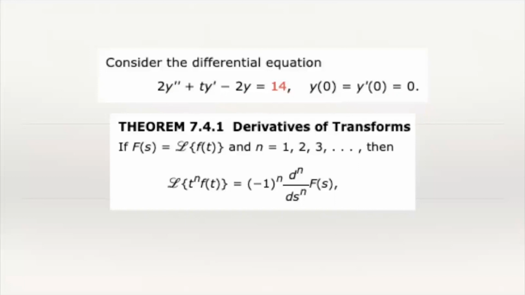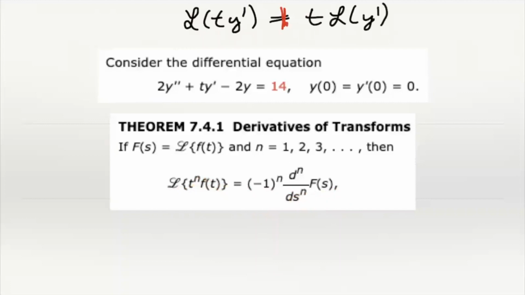And the homework problem gave you this hint. It reminded you that the Laplace transform of t to the n times f of t is this. So when we take the Laplace transform of both sides, first let me say that the Laplace transform of t times y prime is not equal to t times the Laplace transform of y prime because t is not a constant.